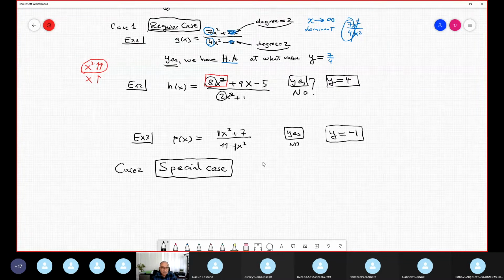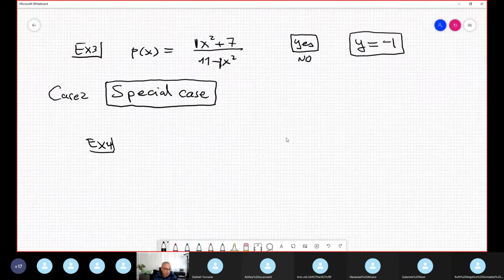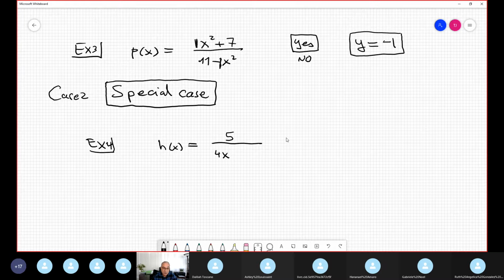For example, example 4. Suppose h of x is equal to 5 divided by 4x squared plus 9.